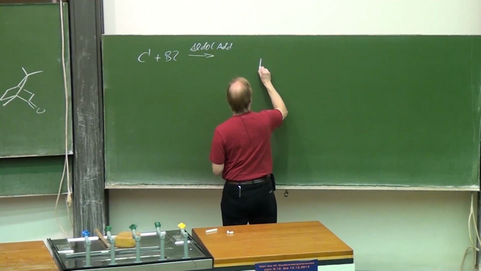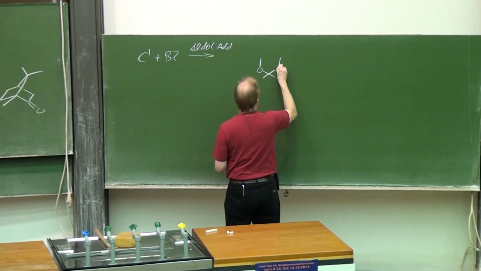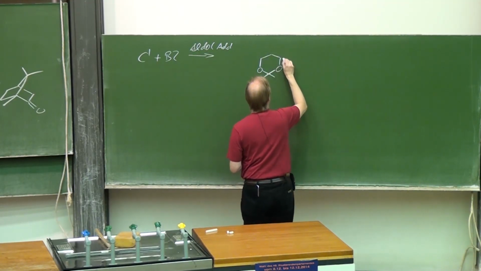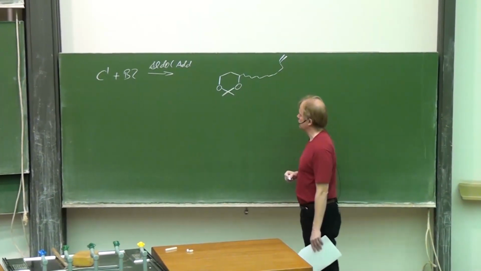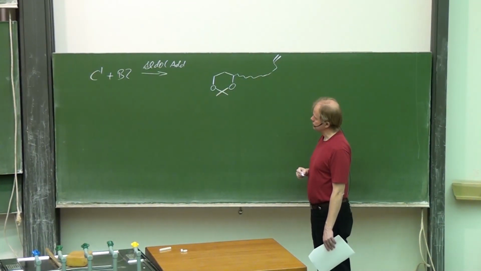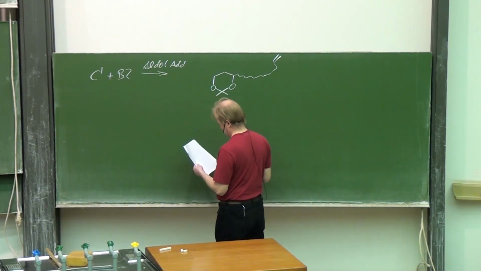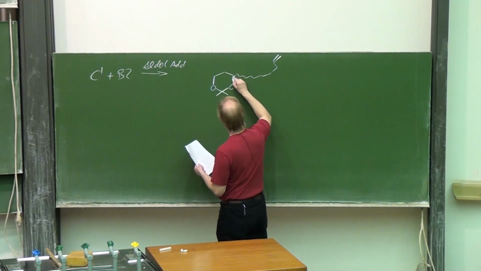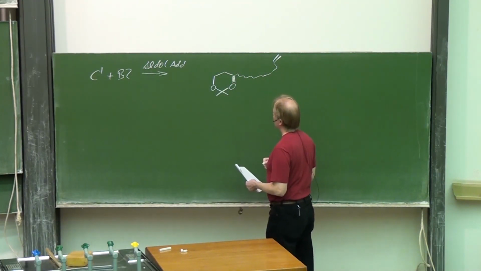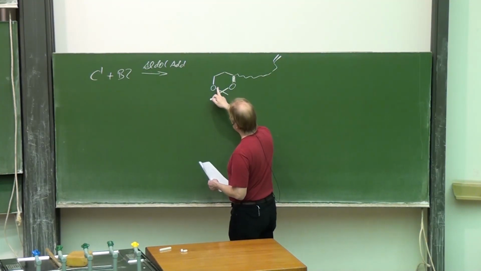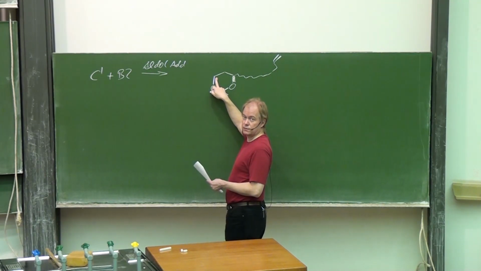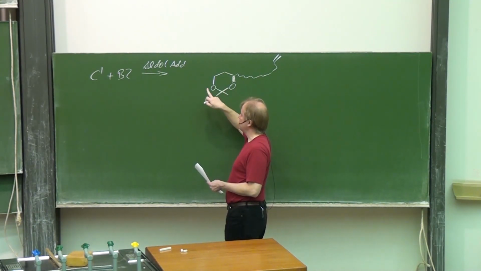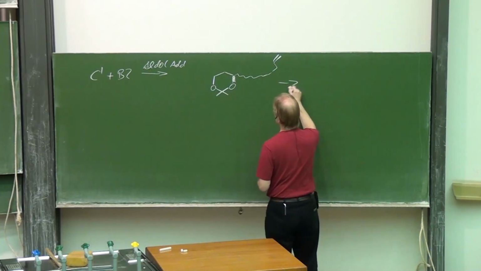We have then this unit, stereogenic centers here, and at the end that olefin. Okay? So deprotecting here and oxidizing there until the stage of the carboxylic acid.